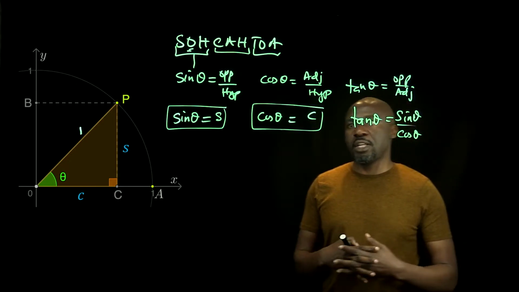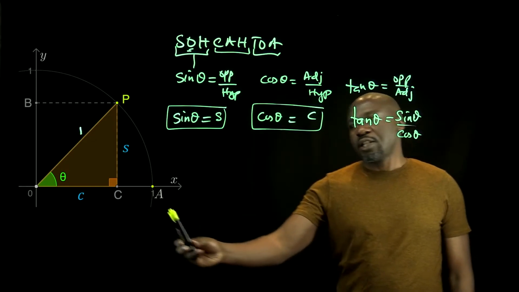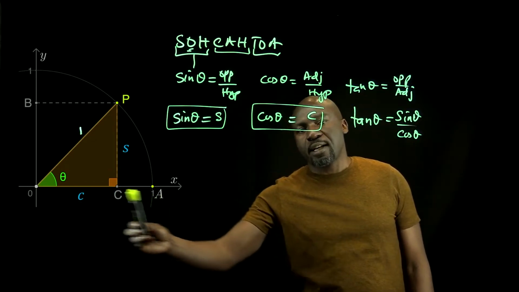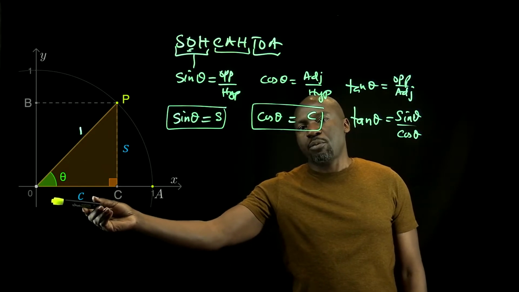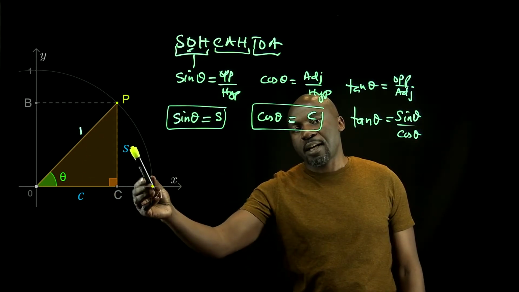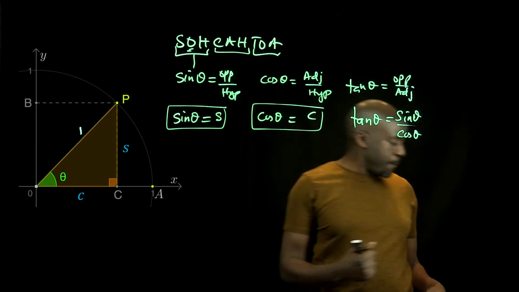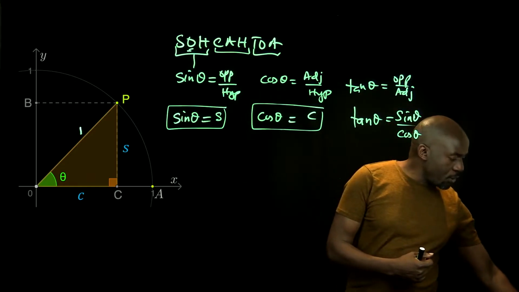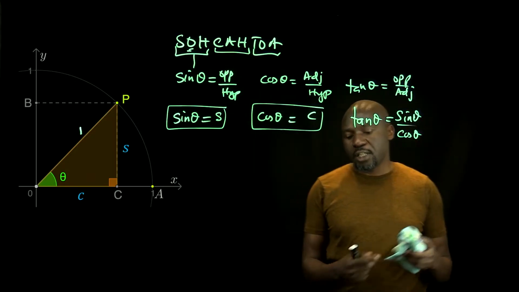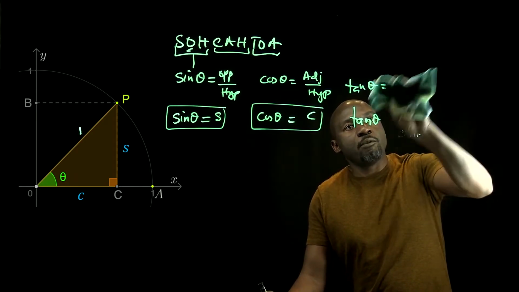What I want us to see now is that in the first quadrant we have a positive x-axis and a positive y-axis, and therefore both S, that means sine of the angle, and cosine of the angle are positive. As long as the angle lies between 0 and 90 degrees, both the sine and the cosine of that angle will be positive.